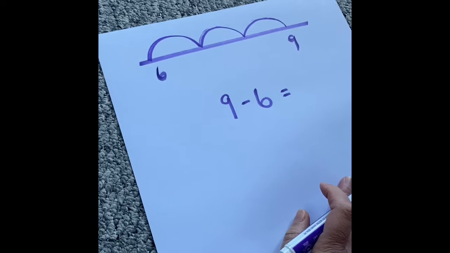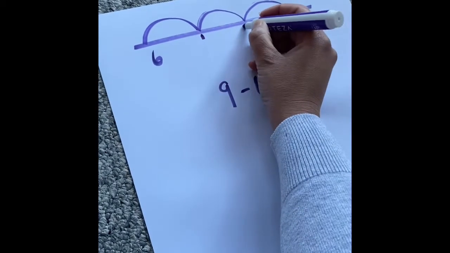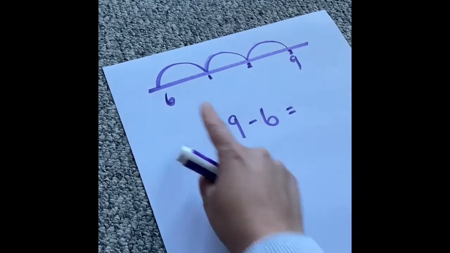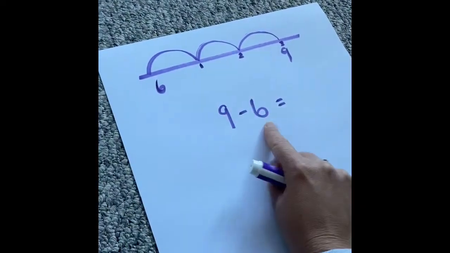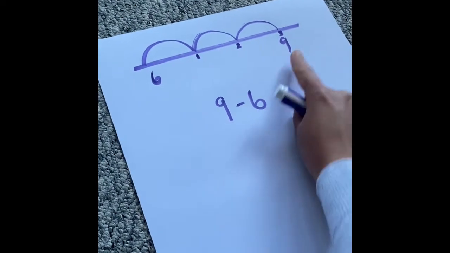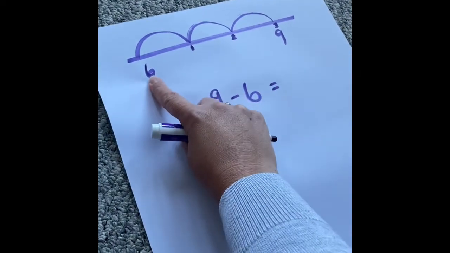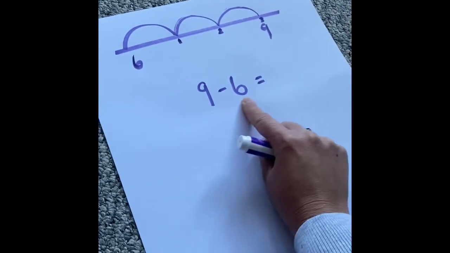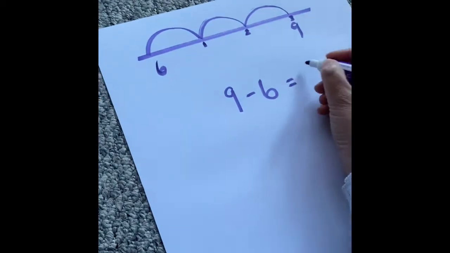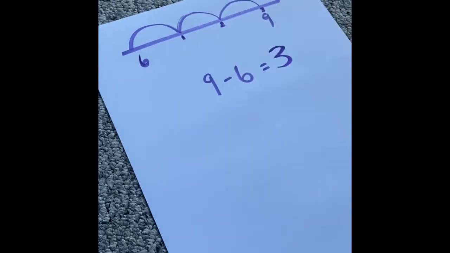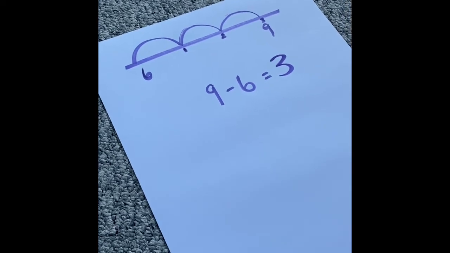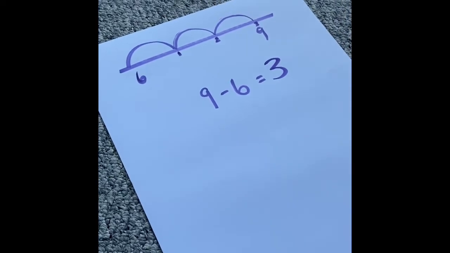And the difference in between that is that I have moved 3 places along my number line. It works either way, that actually you can count up from 6 to get to 9, or you're counting down from 9 to get to 6. Whichever way that you do this, there is 3 bounces along this number line here, which means the difference between 9 and 6 is 3. So 9 take away, subtract 6 is 3.